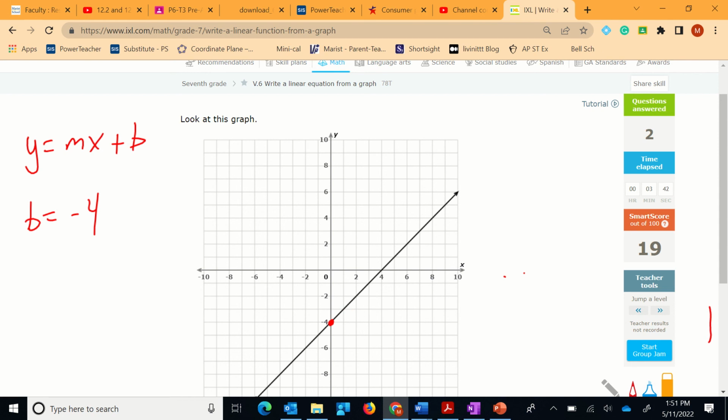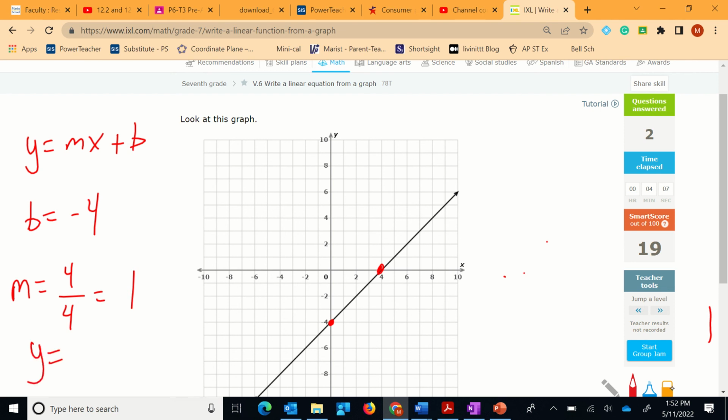I'll use this point right here. This is called the x-intercept. Right there. So we're going to go up 1, 2, 3, 4. We went up 4. And to the right 1, 2, 3, 4. 4 over 4, which is 1.